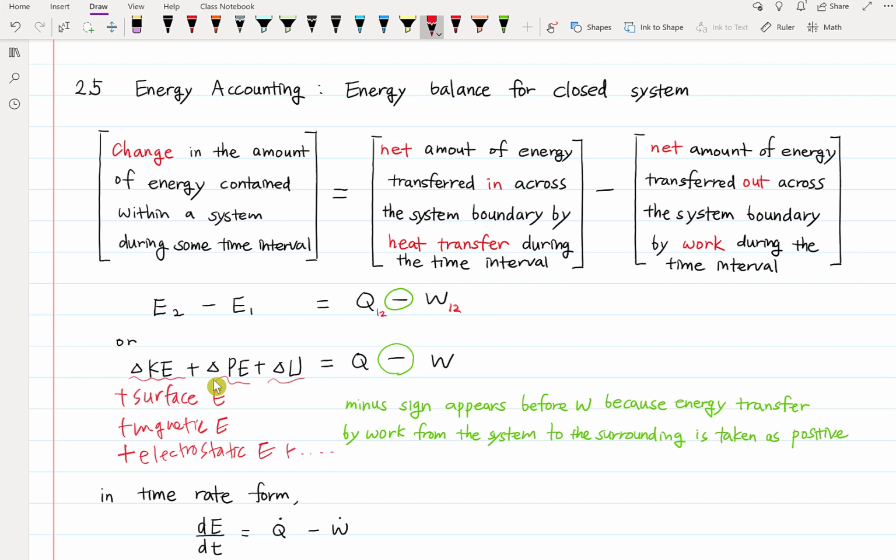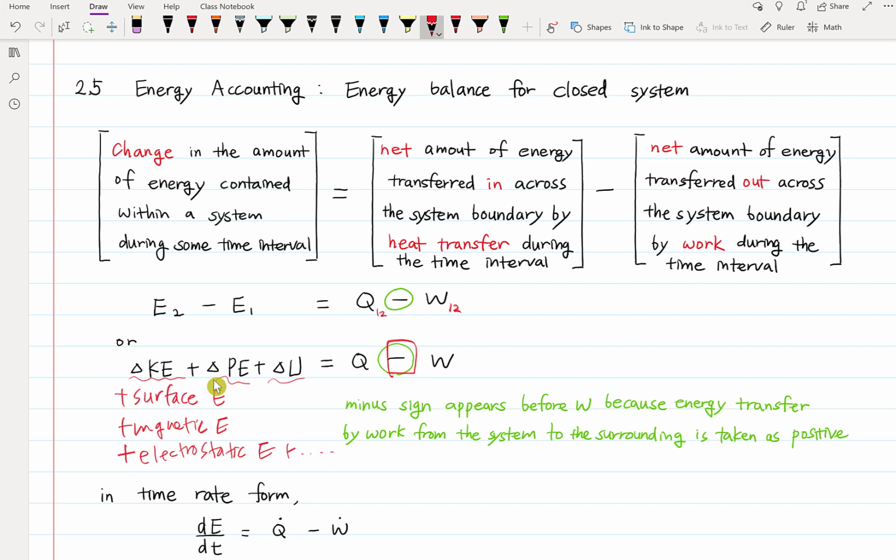The minus sign here before W is added since the work from the system to the surroundings is taken as positive. This is the sign convention we use for work.